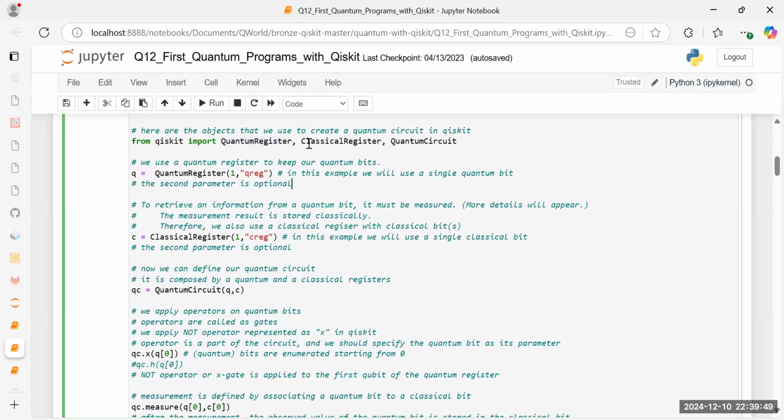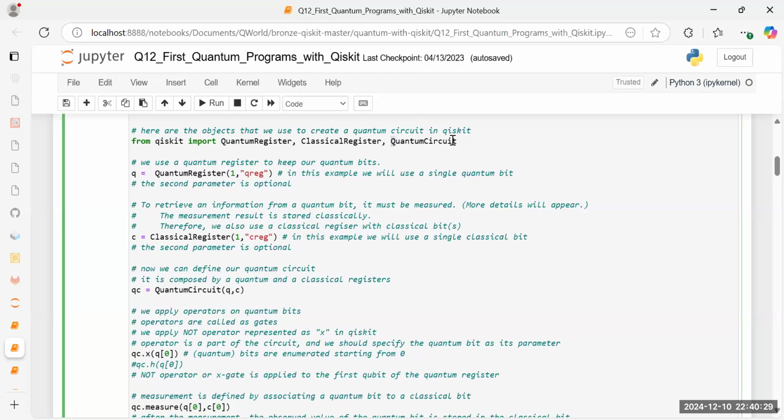Similar to how in the memory of a classical computer we utilize bits, in the memory of a quantum computer we utilize something called qubits. A single qubit is the smallest unit of information in a quantum computer.